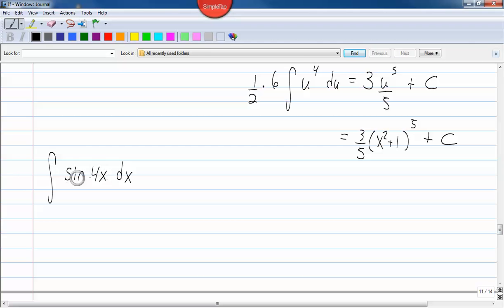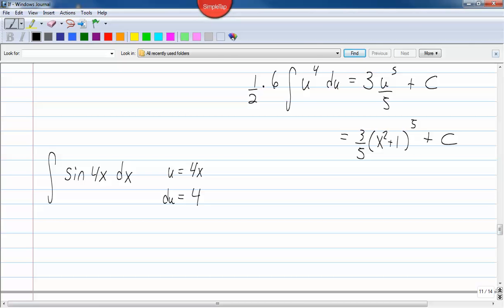So for a problem like this, your u is equal to whatever you're evaluating your trig function at. Okay? So if that's your u, what is your du?